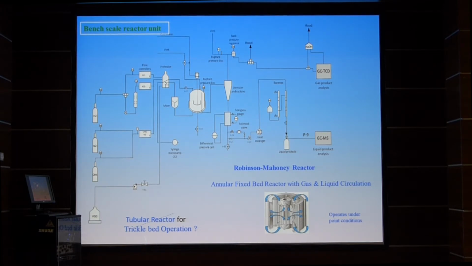What I'm showing here is the type of equipment that we have been using, and I think a very appropriate type of reactor is the Robinson-Mahoney reactor, where you have recycling of the liquid and the gas in the reactor in such a way that you operate at one concentration and one temperature.